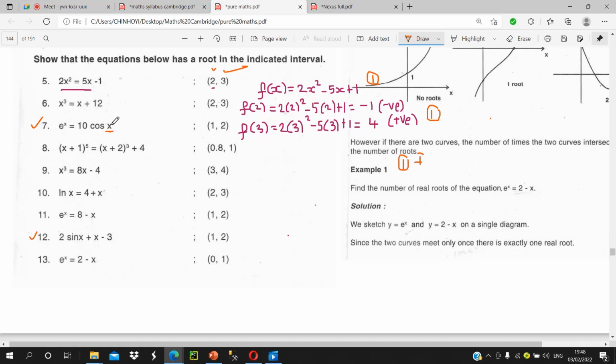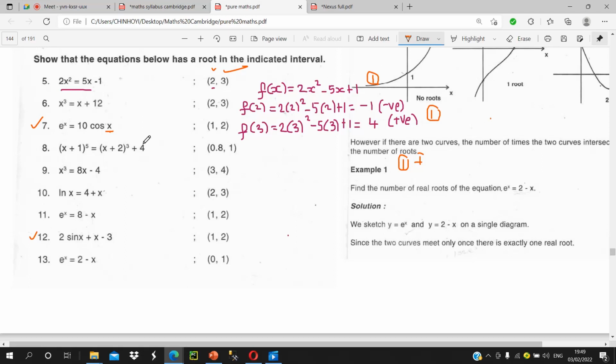Here x is defined differently. Here x is an angle, here x is a power, which is a number. So if x is defined differently, your calculator should be in radians. Was your calculator in radians? Yes, it was.